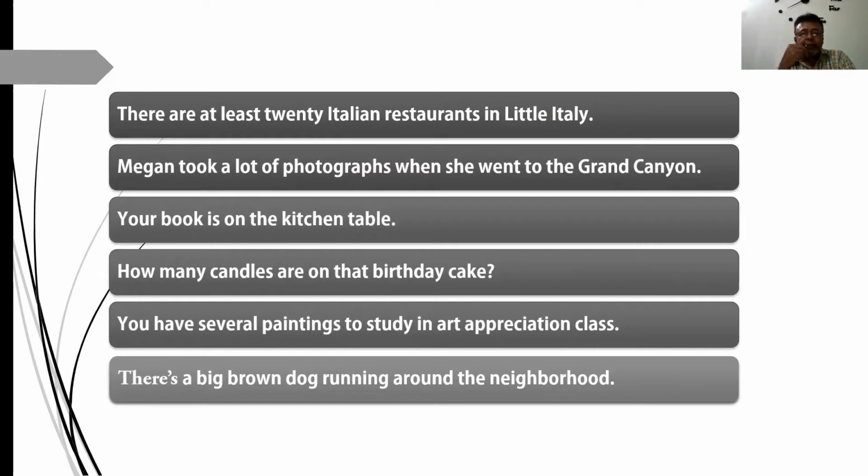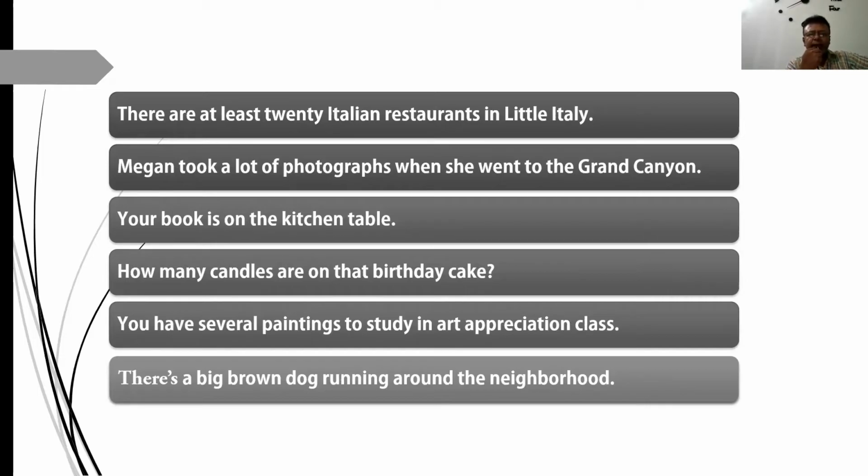Kitchen table, let's say you talk about both of them together. Book is a noun. Kitchen itself is a noun, but table is also a noun. So we can see lots of examples of countable nouns.